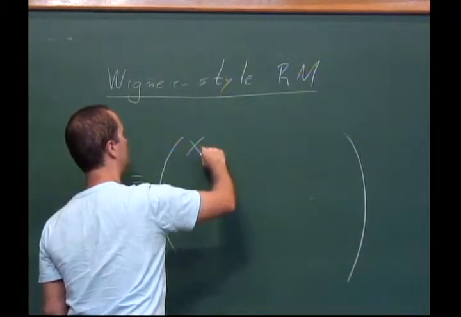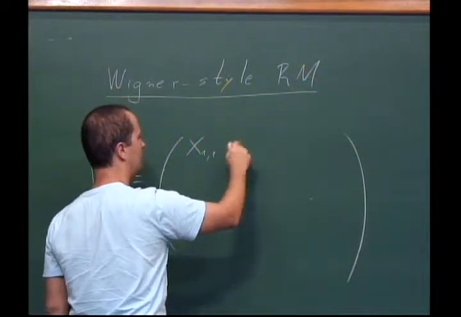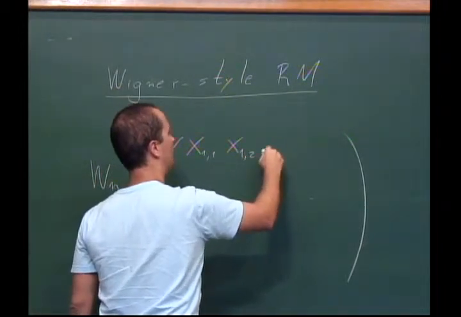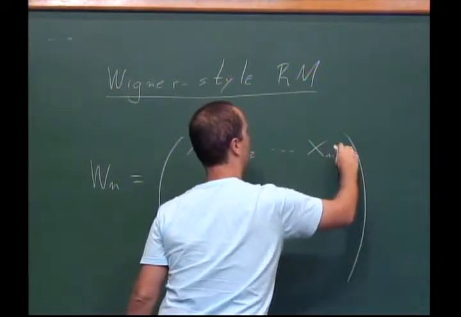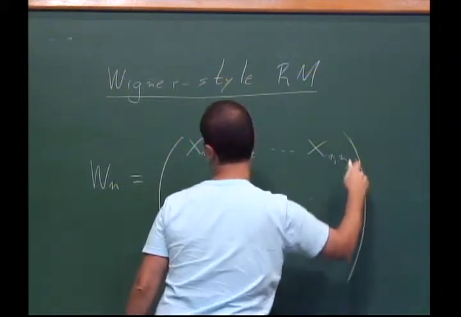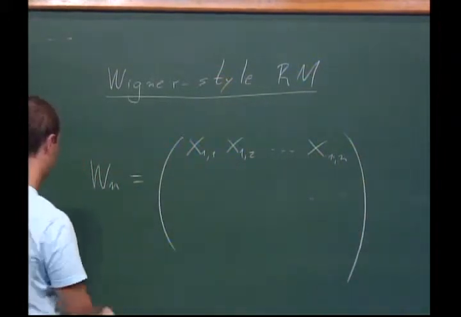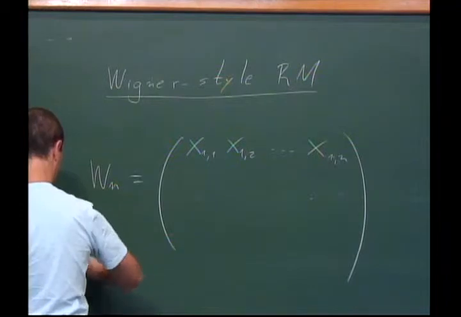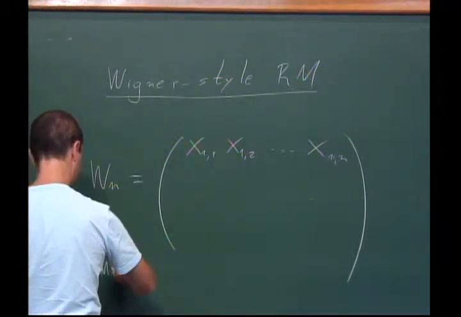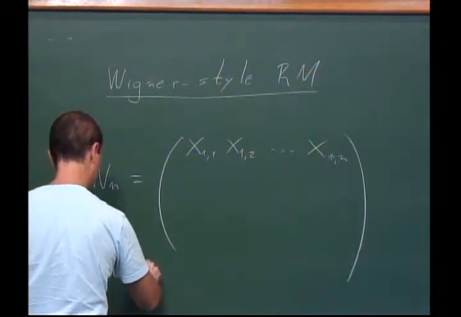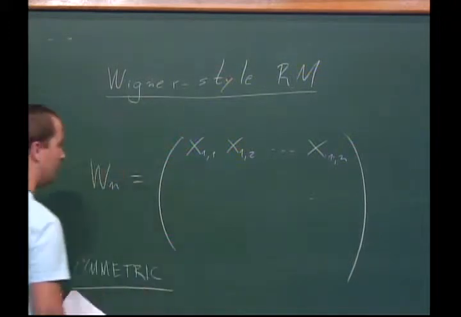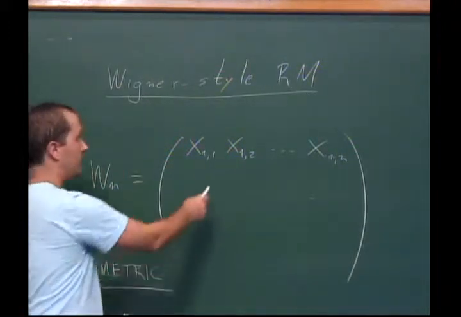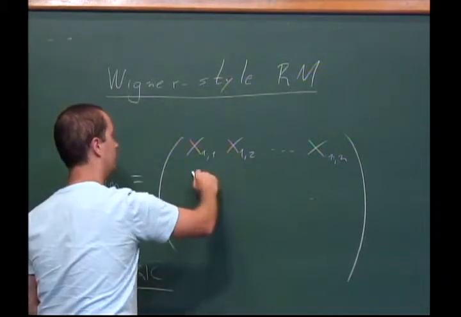Well, it's a random matrix, so the matrix better be random. Well, which way is it random? Well, what we want is, first of all, we want a symmetric matrix. So we know that whatever we write over here, we've got to replicate over here as well, right?